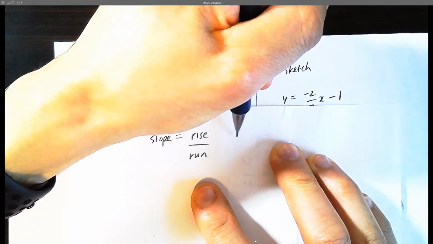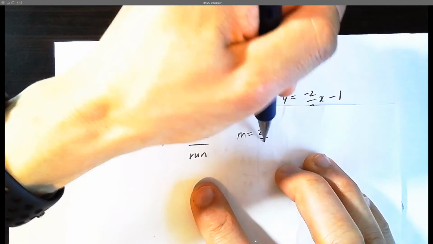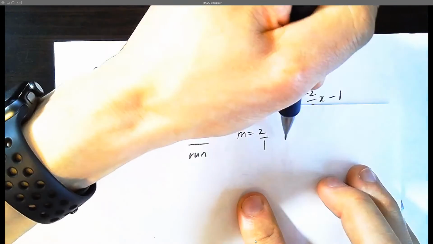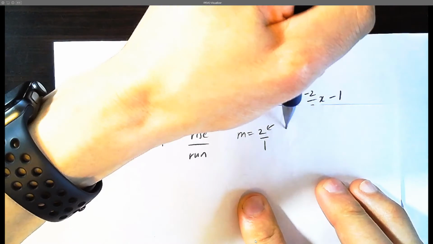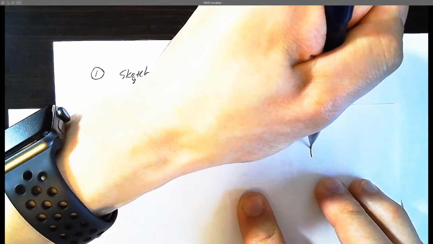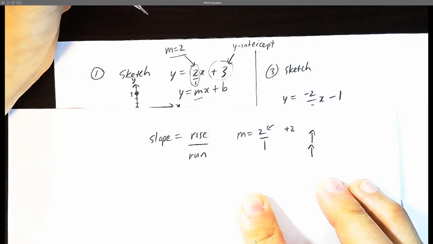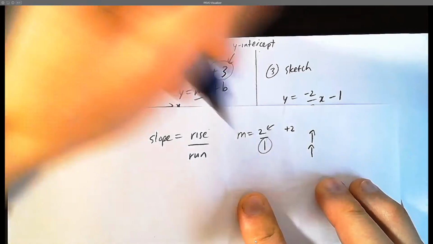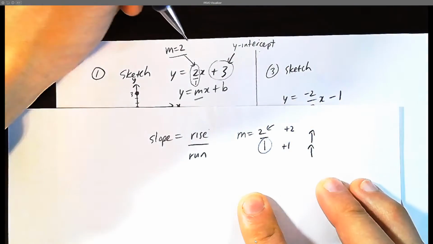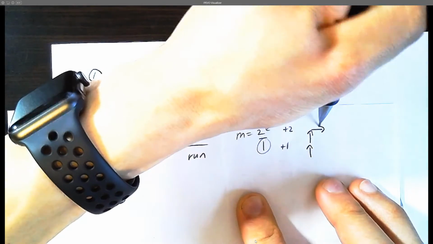So when you say the slope, m, is equal to 2 divided by 1, this means 2, which is positive 2, means you go up 2 units. And this bottom number here, the denominator, refers to positive 1, which means 1 to the right.